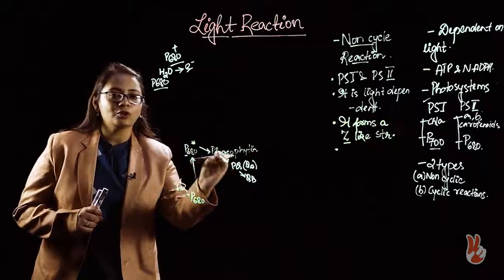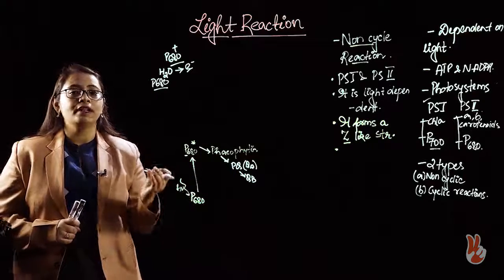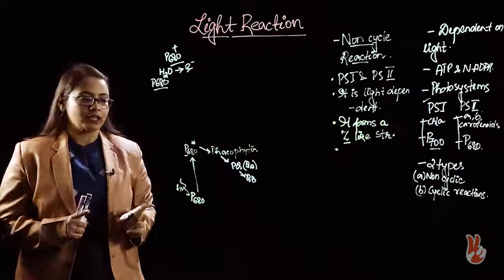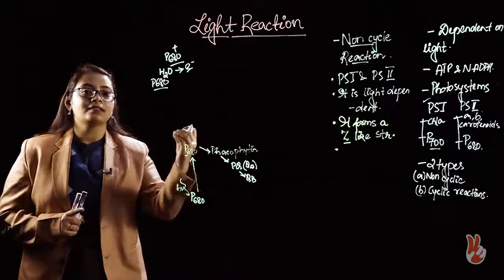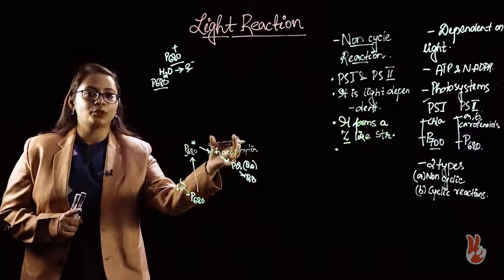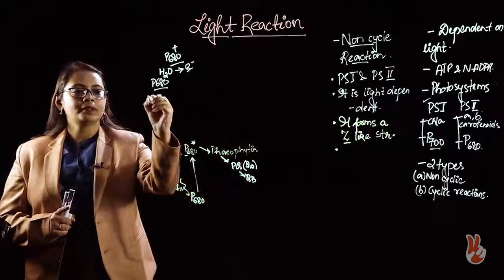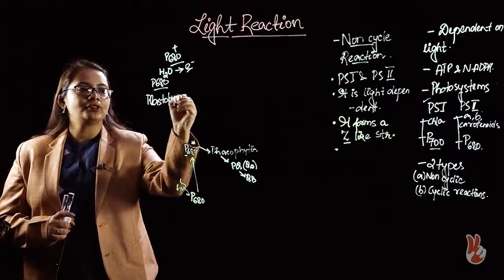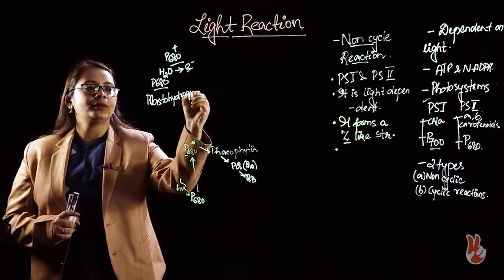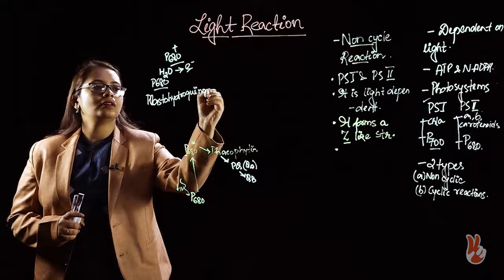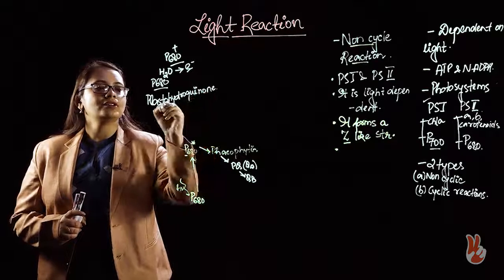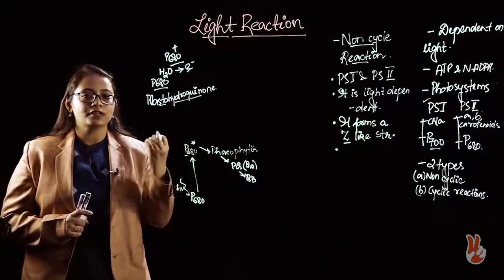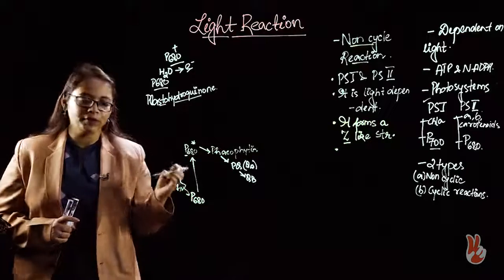The Qa and Qb quinone molecules will become functional only after they receive two electrons. So two electrons must simultaneously enter the plastoquinone to form plastohydroquinone. After it accepts two electrons, the quinone converts to plastohydroquinone.